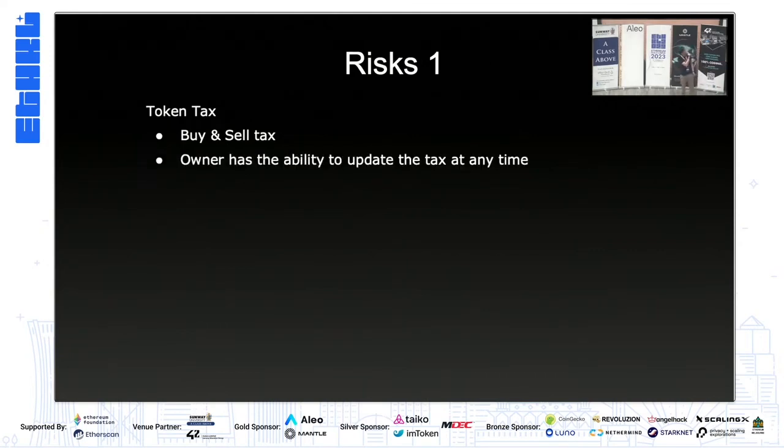And this is even more nuanced because some of these contracts have the ability to update the tax at any time. So if you're trying to calculate your unrealized profit and loss, right? You don't know the tax, then how are you going to calculate?